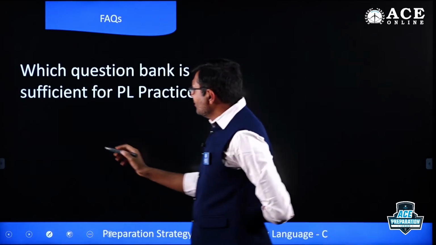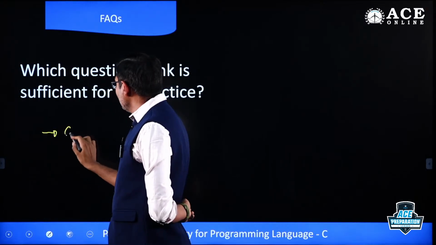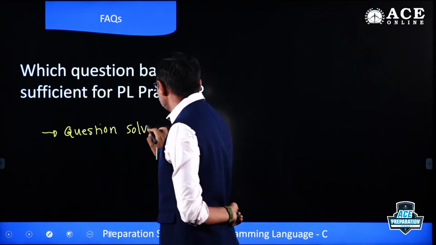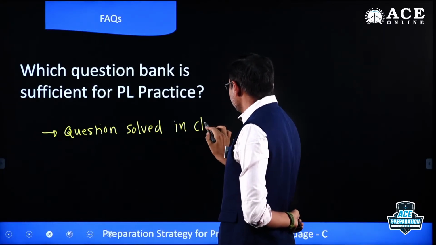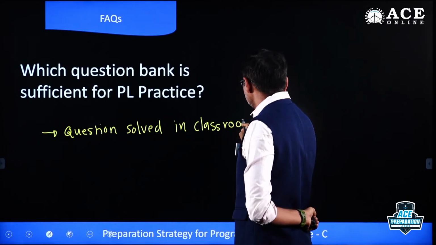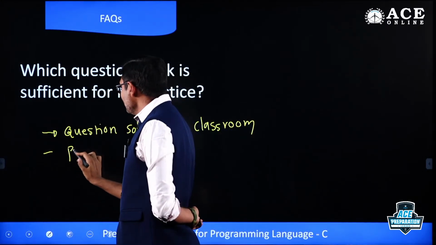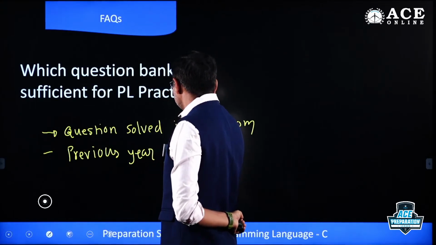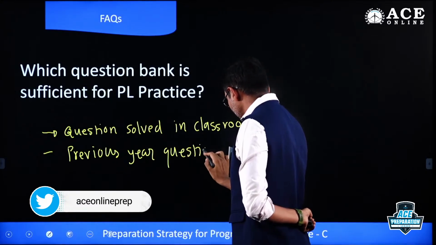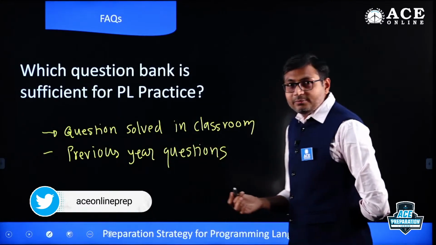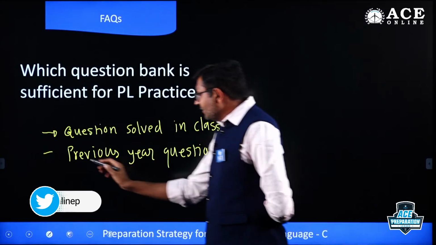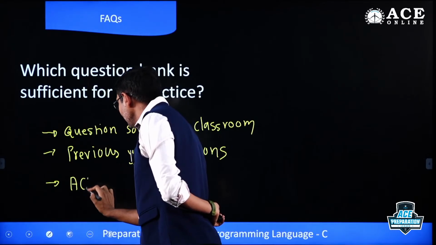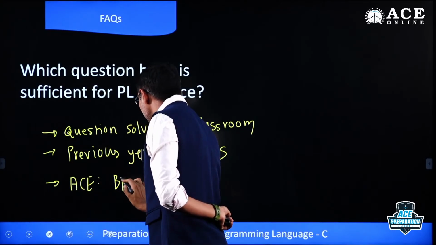Now my suggestion is, first, whatever questions were solved in the classroom, then the previous year questions, and then the ACE booklet, bits and bytes.